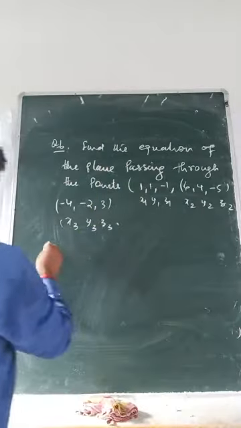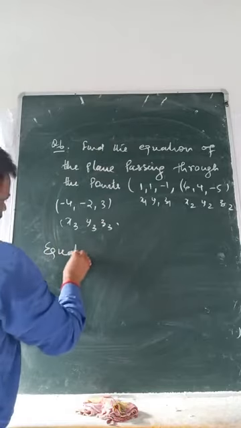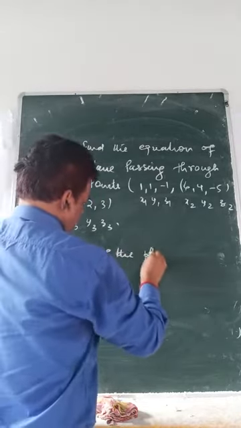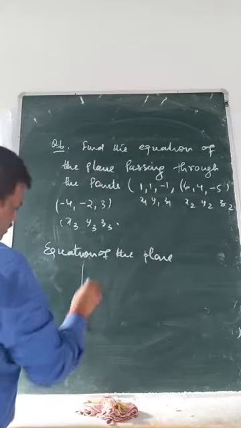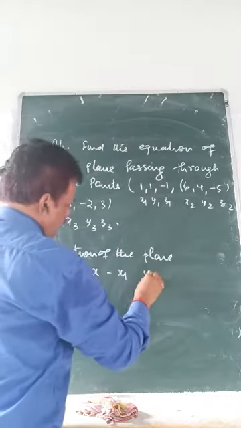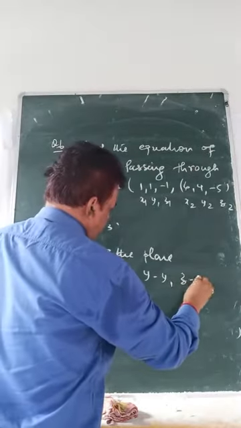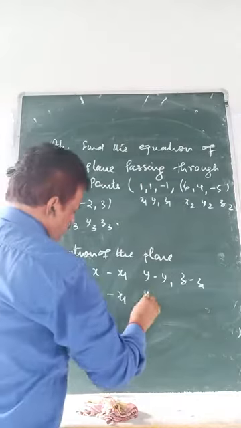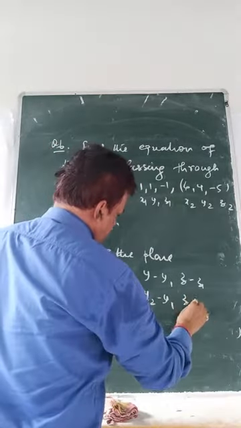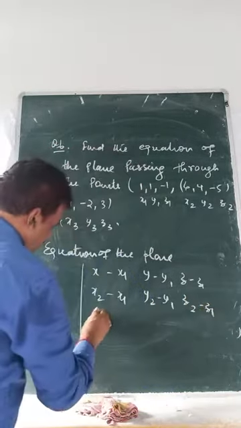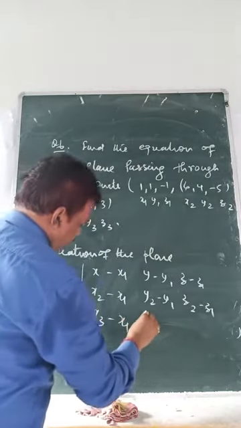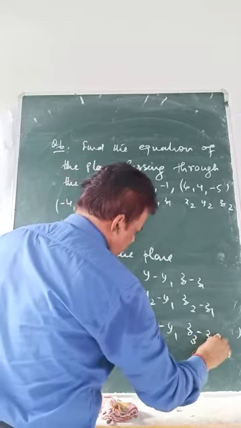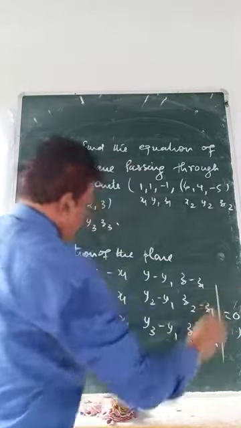What is the formula for the equation of the plane? x minus x1, y minus y1, z minus z1; x2 minus x1, y2 minus y1, z2 minus z1; x3 minus x1, y3 minus y1, z3 minus z1 is 0.